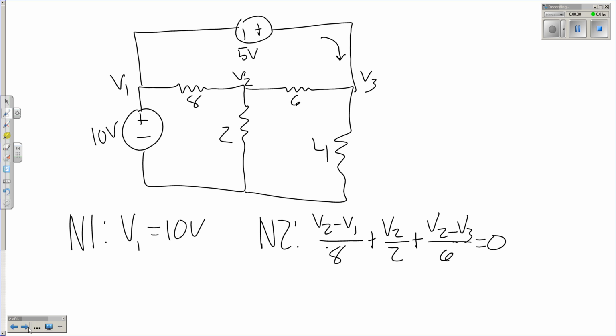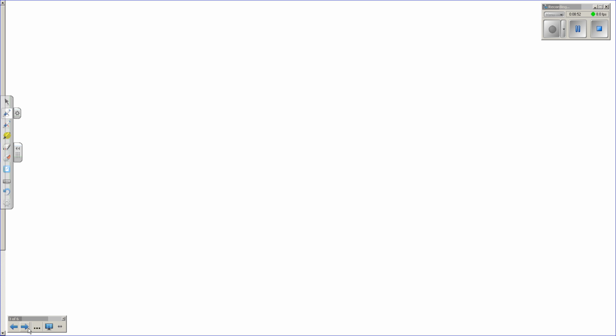If we follow that branch, we go up another 5 volts. So V3 then, it's just V1 plus 5. Since we know V1 here, we can sub that in, and we've already got 2 of them solved. So that's pretty easy. Let's try a little harder one.